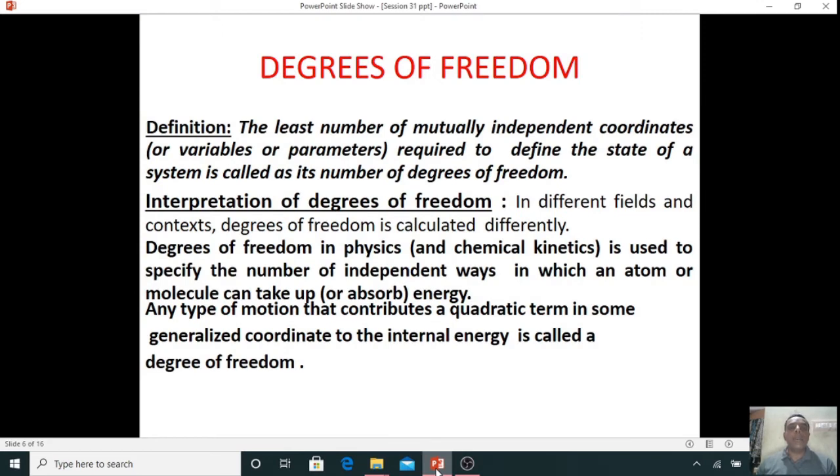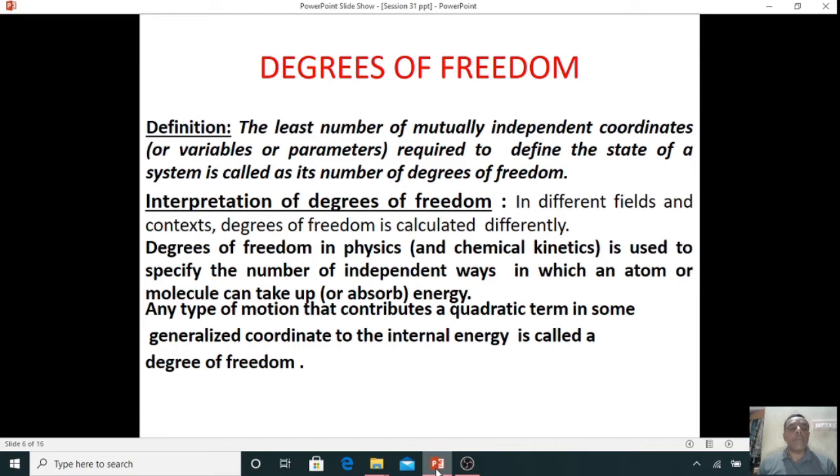Degrees of freedom: the least number of mutually independent coordinates required to define the state of the system is called its number of degrees of freedom. In different contexts, degrees of freedom are calculated differently. In physics and chemical kinematics, it is used to specify the number of independent ways in which an atom or a molecule can take up energy.